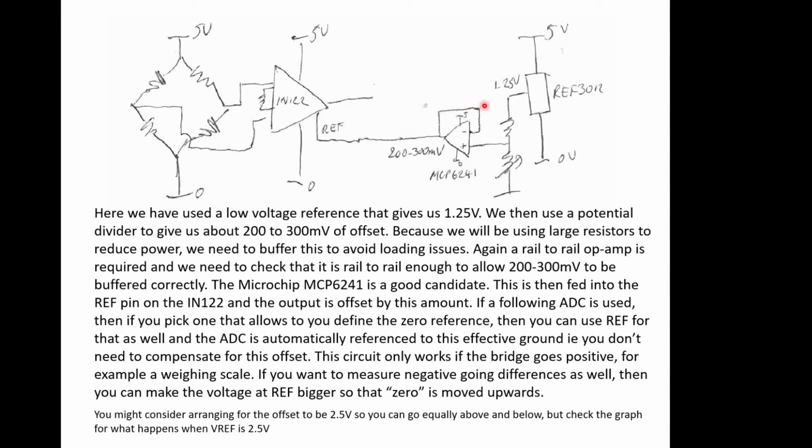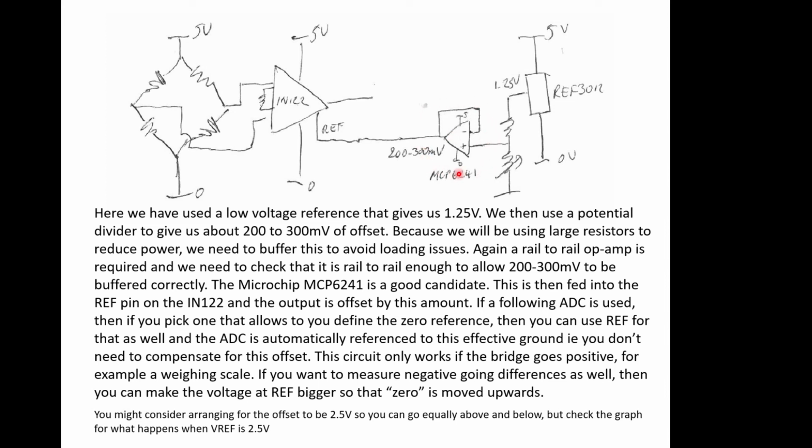Now we put a buffer in here, so we have to make sure that this buffer is a rail to rail buffer, because we're putting in a low voltage, 200 to 300 millivolts in here, and we want this to be an exact copy of that. So the output needs to be able to cope with outputs within 200 to 300 millivolts of the supply rail. So you can see the devil is in the detail of these.